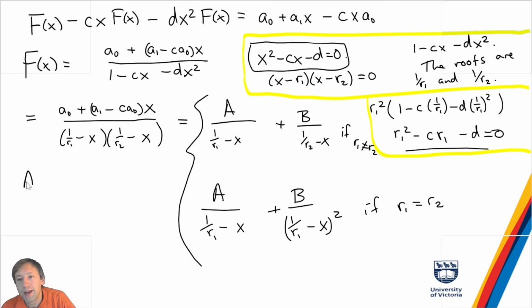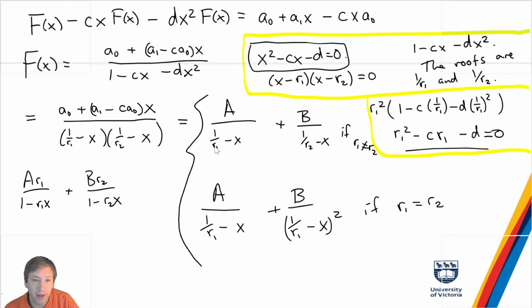You get something like a r1 over 1 minus r1x plus b r2 over 1 minus r2x. a and b are just arbitrary constants, so maybe I'll call them c and d. So let's say c is equal to a times r1 and d is equal to b times r2.